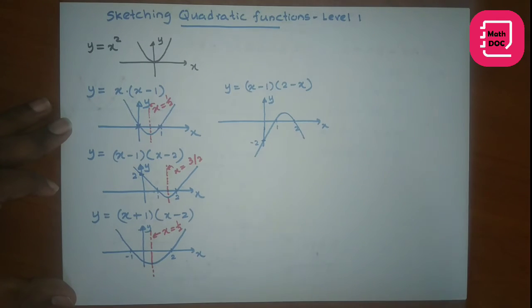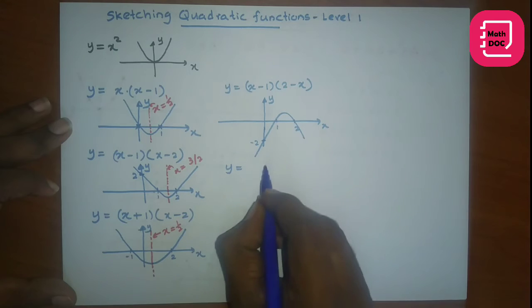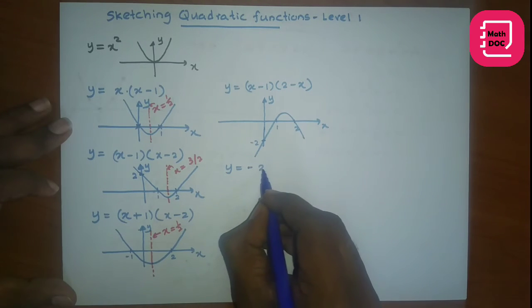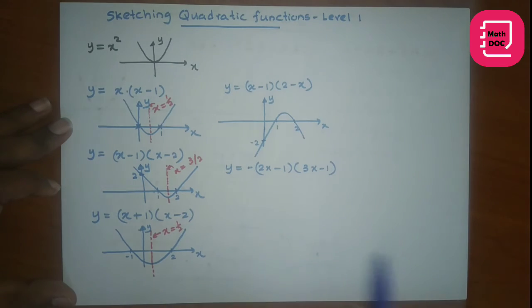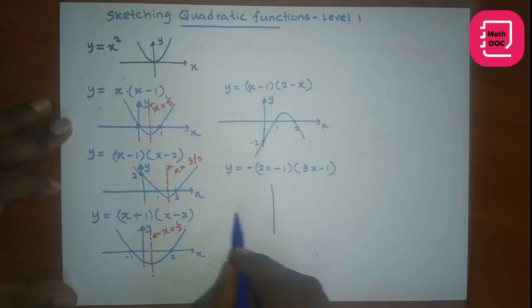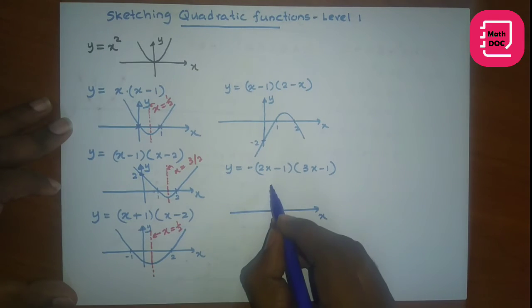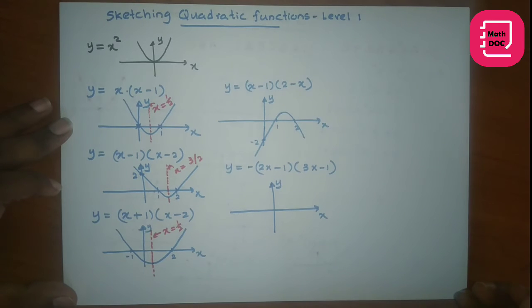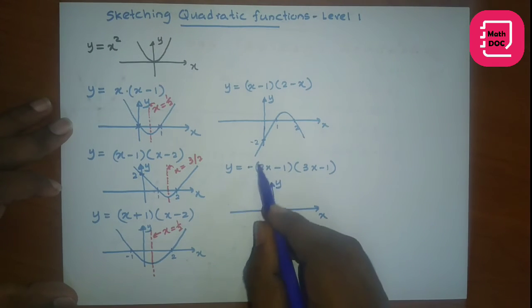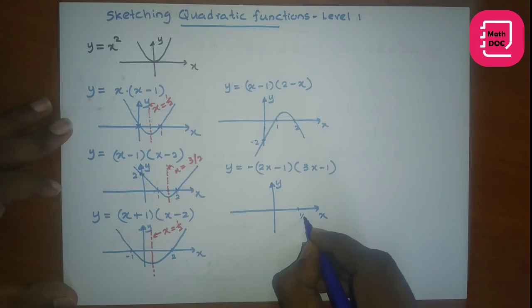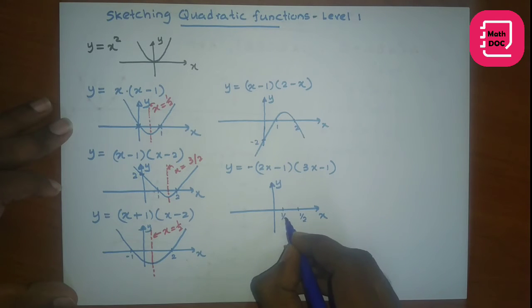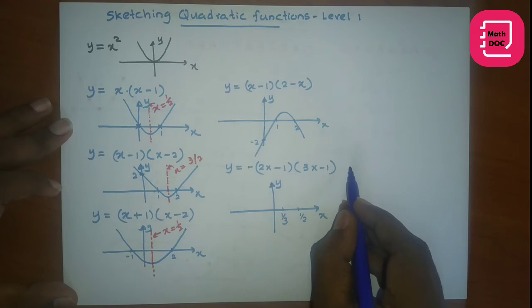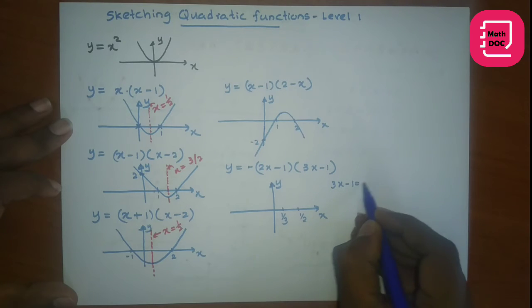Now take y equals minus (2x minus 1) times (3x minus 1). That is also given in factor form. Here x-axis, here y-axis. Here this factor gets 0 at half, mark it here. And here this factor gets 0 at 1/3, mark it here. 3x minus 1 equals 0, then 3x equals 1, x equals 1/3.